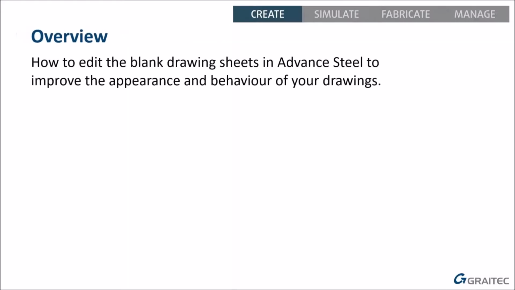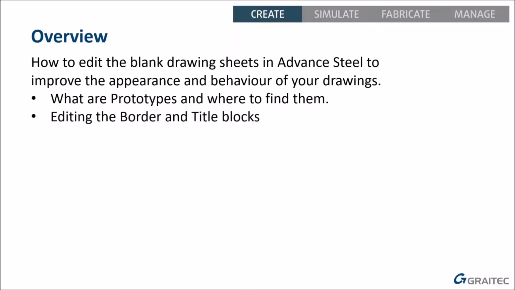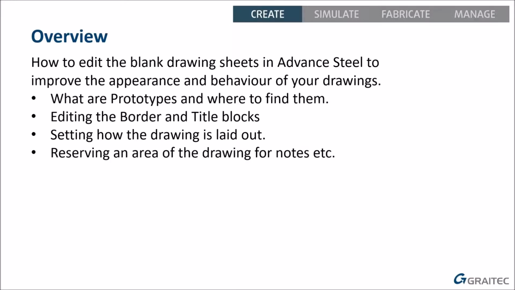So coming on to today's webinar then, what are we looking at? Well, how to edit your blank drawing sheets in Advanced Steel so that the appearance of your drawings and so on are much nicer. We're going to talk about what prototypes are and where you find them, how to edit the borders and the title blocks within them, how the drawing is laid out, how to set where the drawing is put and the views, and how you can possibly reserve an area if you have a big block of notes and so on.